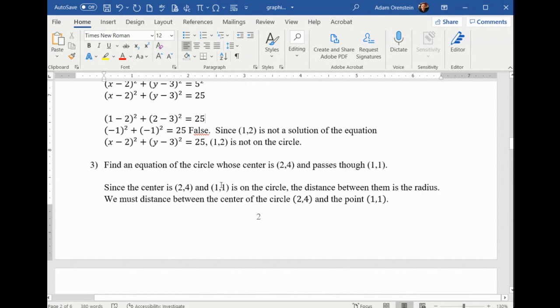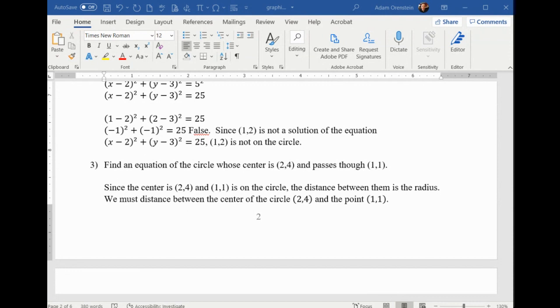Well, remember, the distance between the center of the circle and any point on the circle is the radius. I wrote it here, but I'll say it again as well. The distance between the center of the circle and any point on the circle has to be the radius.